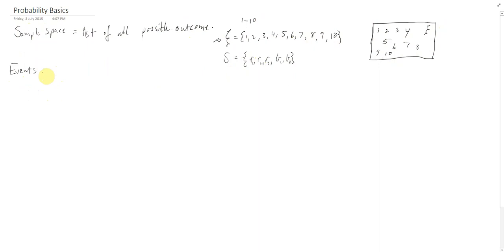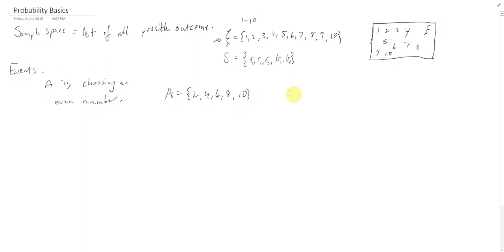So if I say event A is choosing an even number, I could list my event A as all the even numbers, 2, 4, 6, 8, and 10.